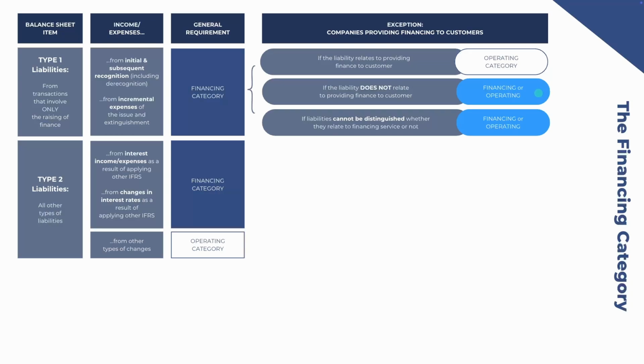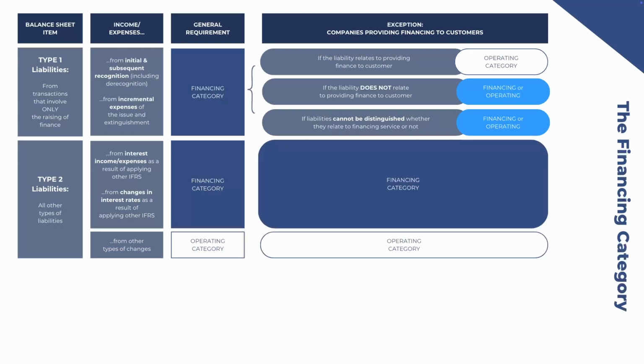You have an accounting policy option of financing or operating. Again, this is for a type 1 liability that does not relate to providing financing to customers. However, the standard says it could be a bit more complicated if you cannot distinguish if the liability is related to providing financing to customers, your main business model. Then you still have an option to put it either financing or operating. So it's an accounting policy option.